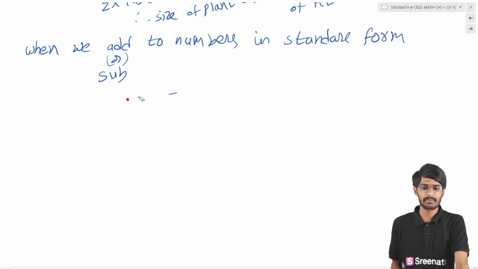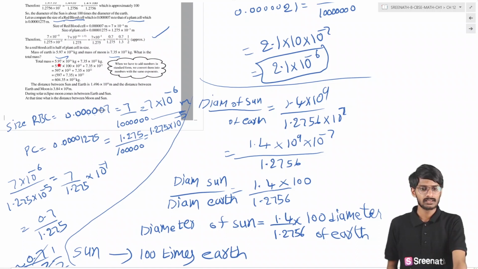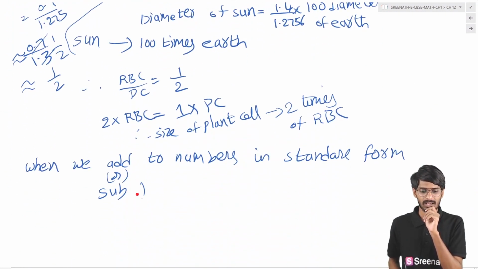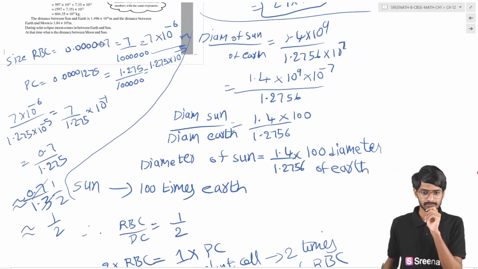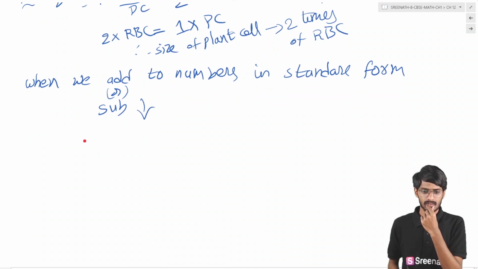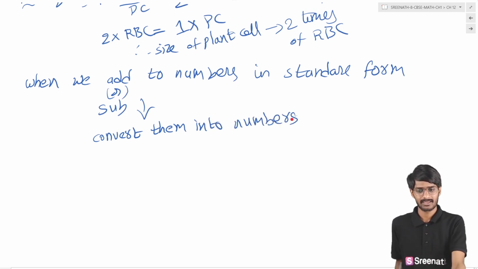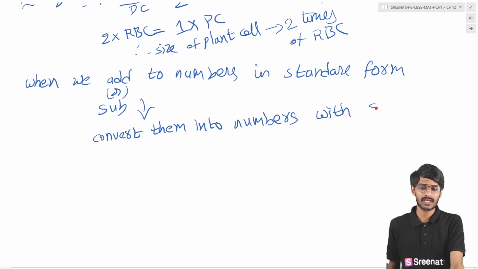So we will do some example, after that we will check it. Whenever we have to add two numbers in standard form, we convert them into numbers with the same exponents.